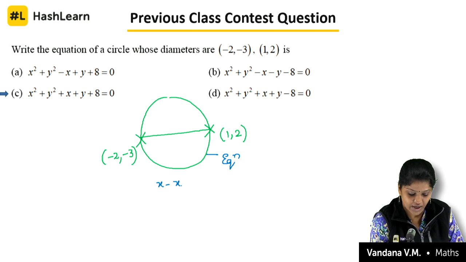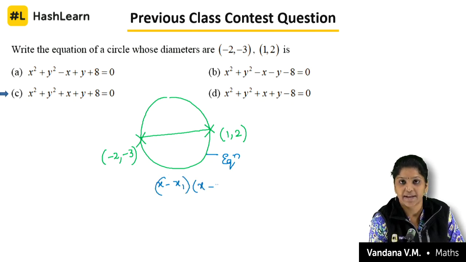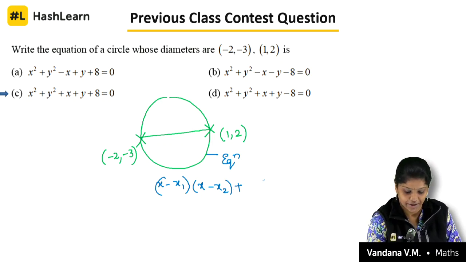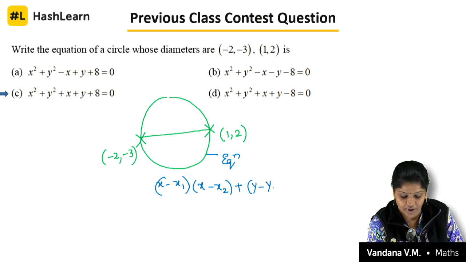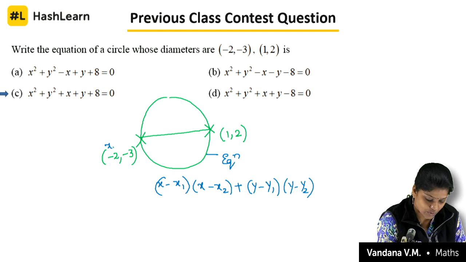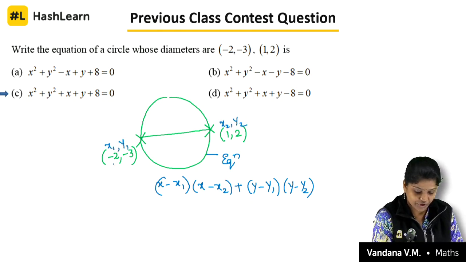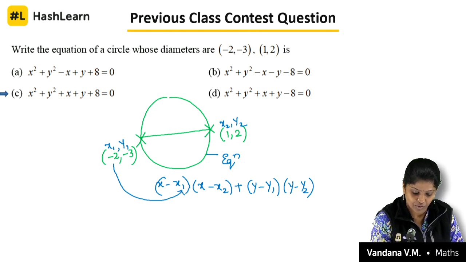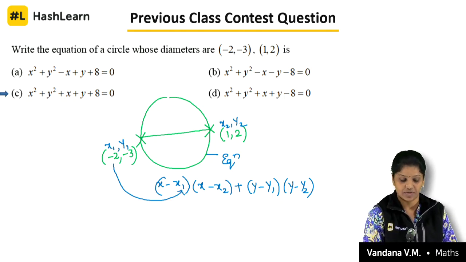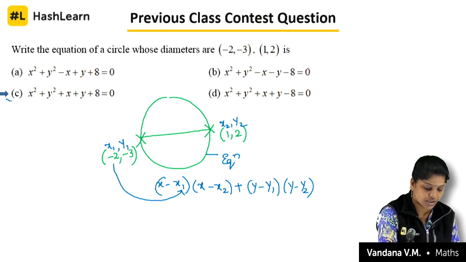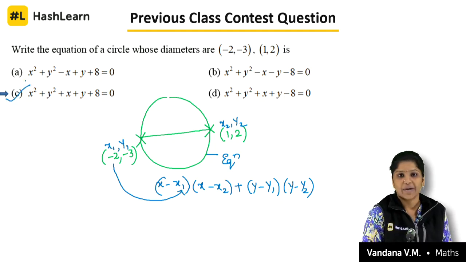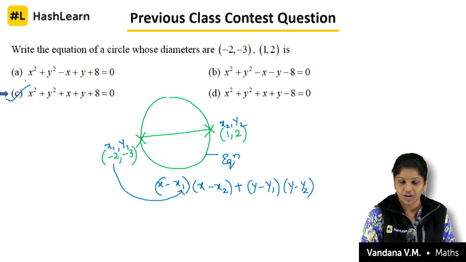The formula is (x minus x1)(x minus x2) plus (y minus y1)(y minus y2). So just x1 comma y1, x2 comma y2. If you just write these values over here, you will get the equation. So which option is correct? Option C was correct, but unfortunately there is no winner.